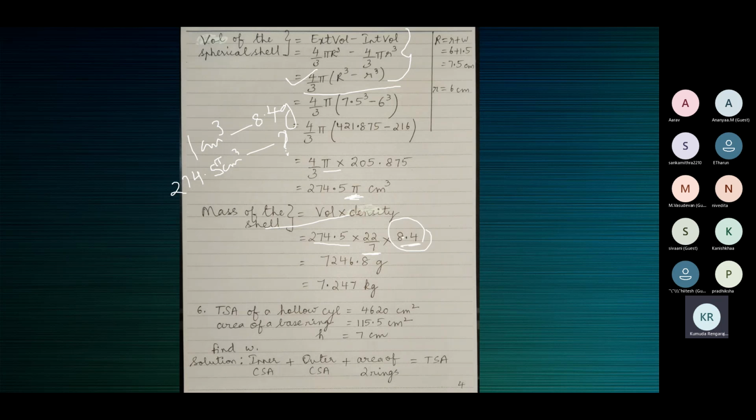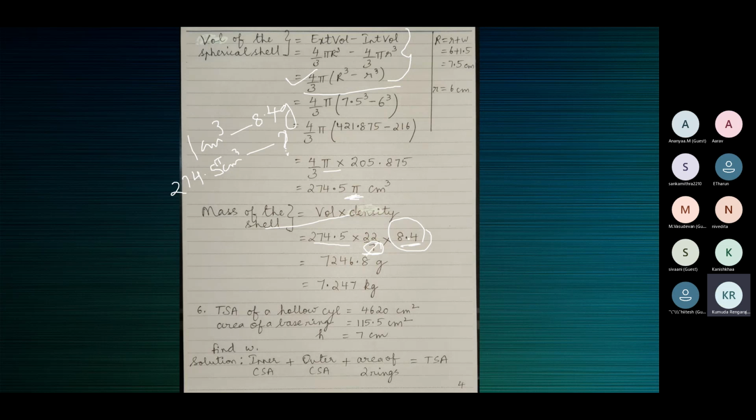And you know that 8.4 is divisible by 7. So they'll get cancelled. 7 ones are 7, 1.2 times. So it's exactly 7.247 kilograms.